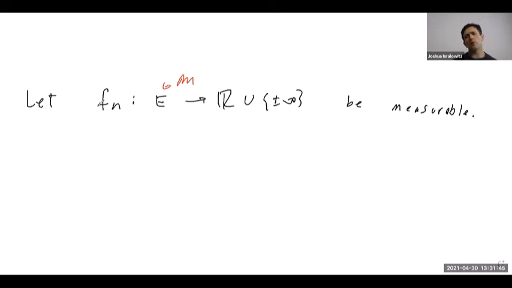I'll leave it for homework for you to prove that this is also true if g is extended real valued, with the obvious meaning of taking the absolute value of plus or minus infinity, which is plus infinity. Raise it to a positive power, and obviously this should be plus infinity.